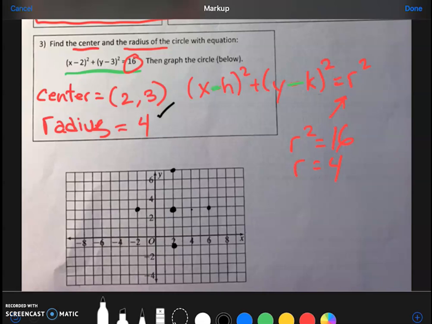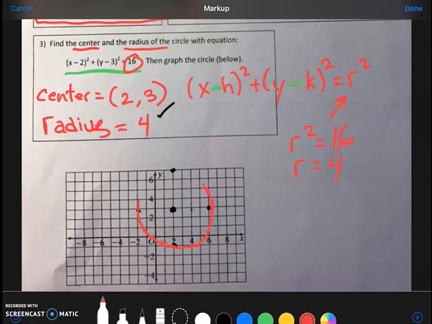Now don't play dot to dot, because if you play dot to dot, you're going to end up with a square, and we don't want a square, we want a circle. So as best you can, you are going to sketch this roundish and just smoothen it out.